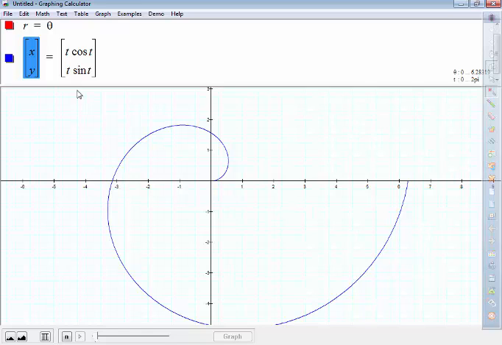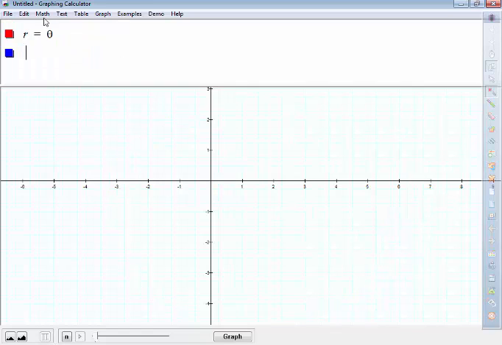Oh, there are other parametric equations I wanted to show you guys, and polar coordinate functions I wanted to show you. I forgot. Let's see. This is kind of a little backtracking and a little bit off topic.